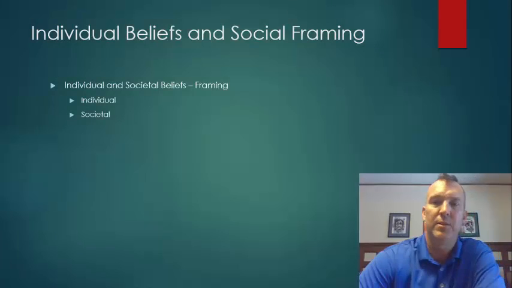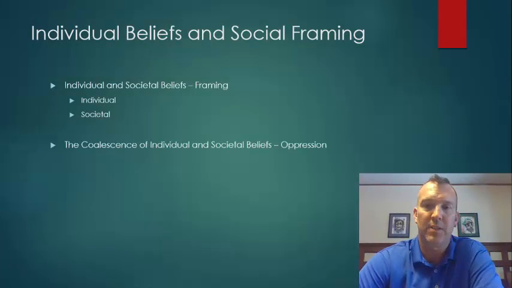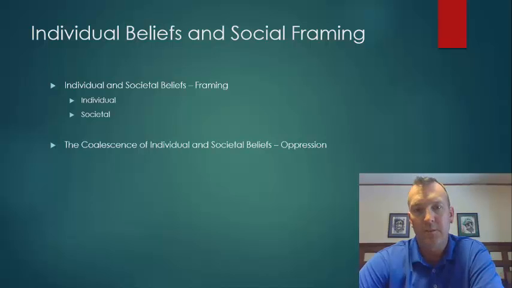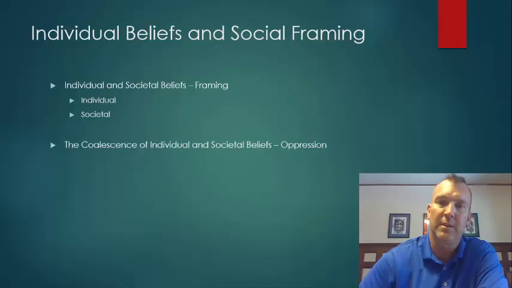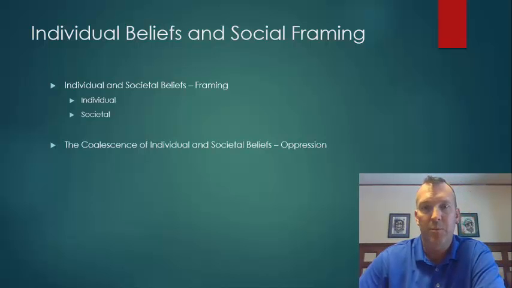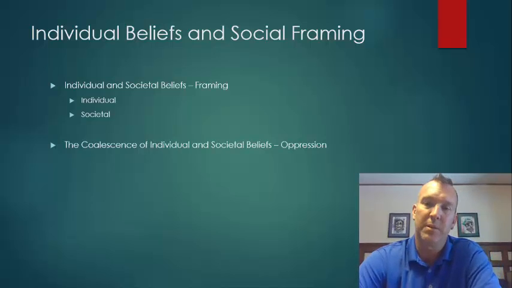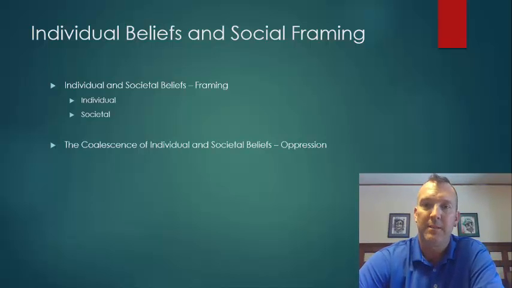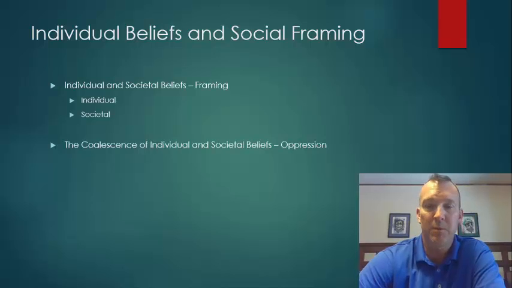Then, moving on to how these two pieces, the individual as well as societal framing, can lead to a coalescence of the two and ultimately find their way into systems of oppression. Now it's very important to state, before we get into the two examples I'm going to use, that we have to understand that oppression in most circumstances, especially large-scale systemic oppression, was unintentional, in that no political actor sat down with the direct intent to oppress certain groups of people.